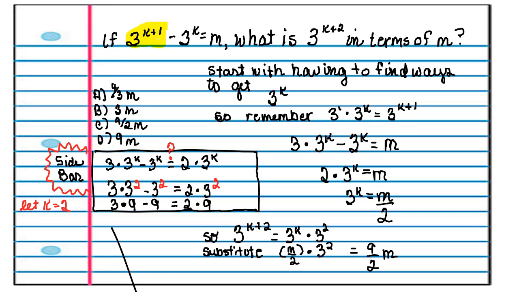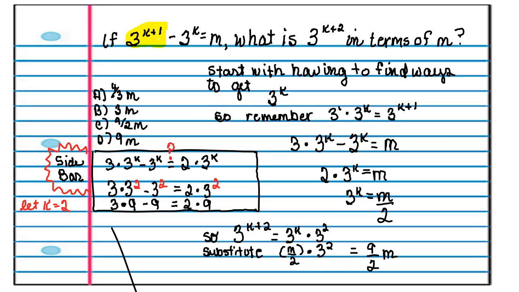But if I take 3 times 3^k minus 3^k here and check to see if it equals 2 times 3^k, and we let k equal 2, then following our exponent rules, we have to do exponents first, then any multiplication and then any subtraction. So I get 3 times 9, which is 27.